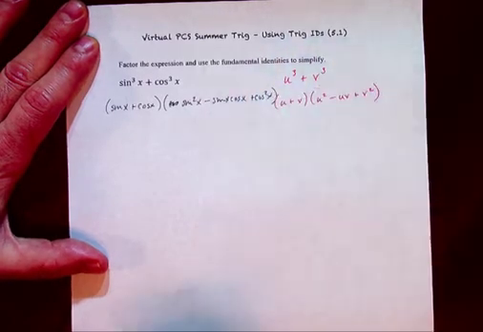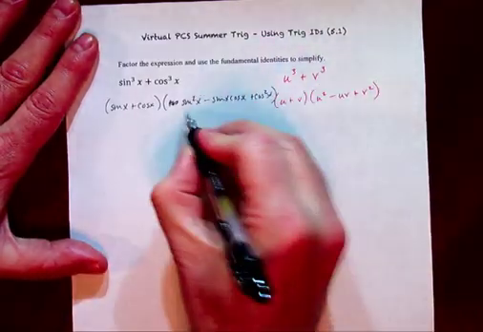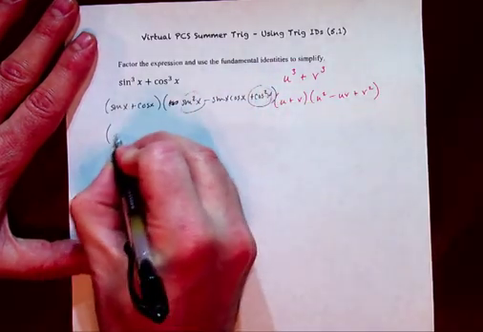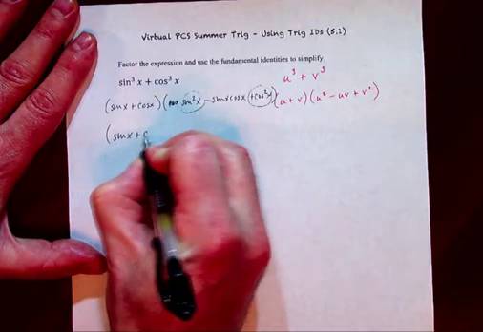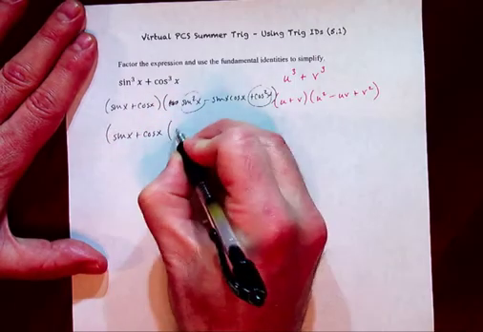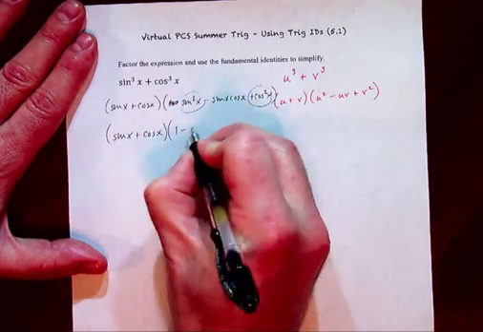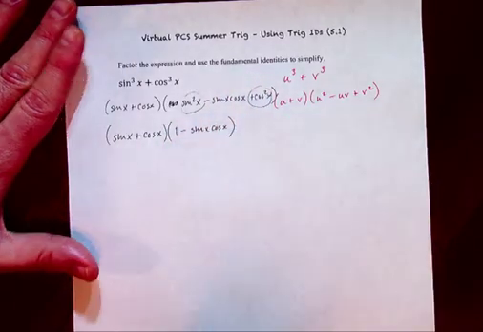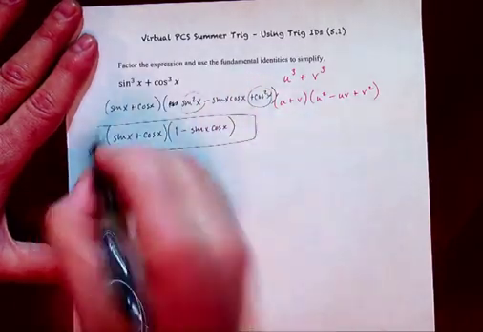Well, a little bit short on. But here's the thing. This and this added together are 1. So actually, this further simplifies to 1 minus sine x cosine x, and that is my full factorization.